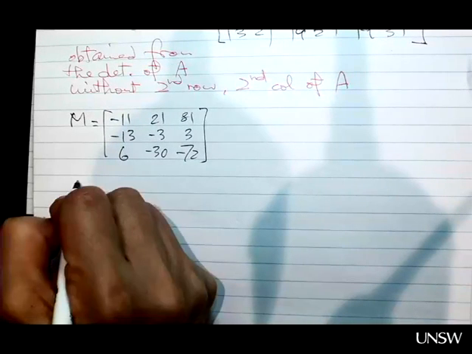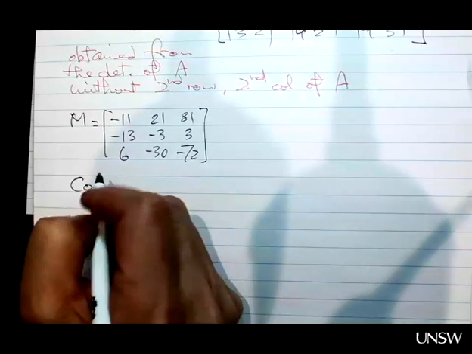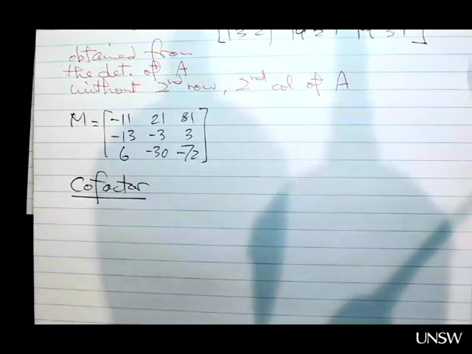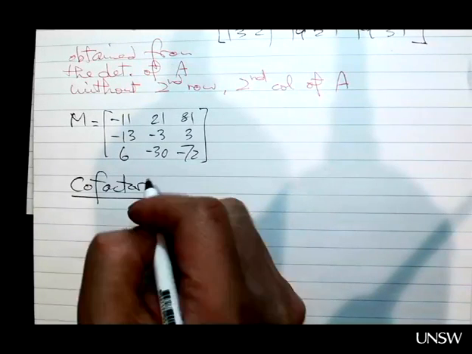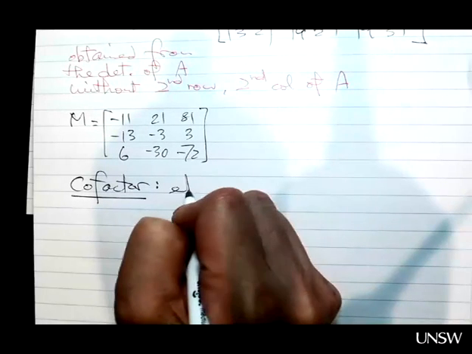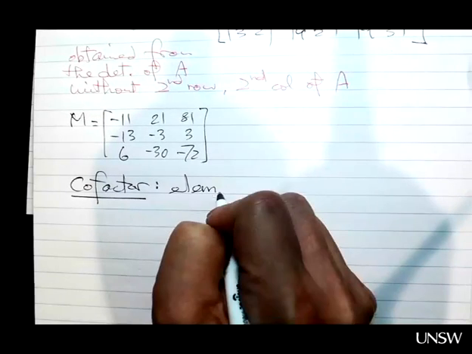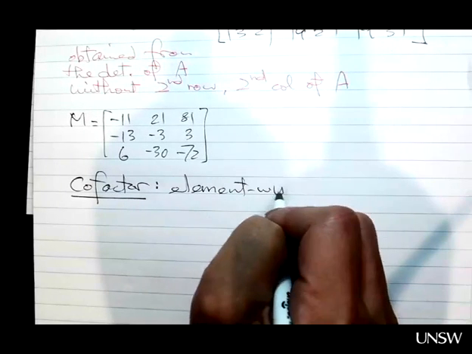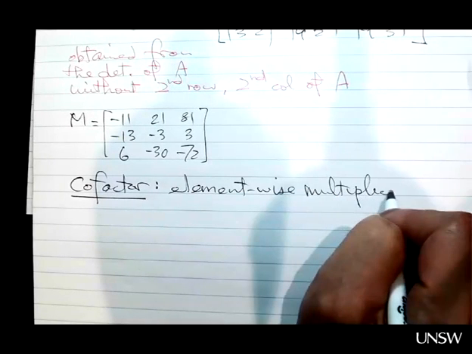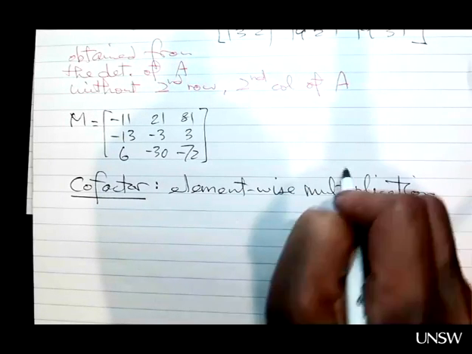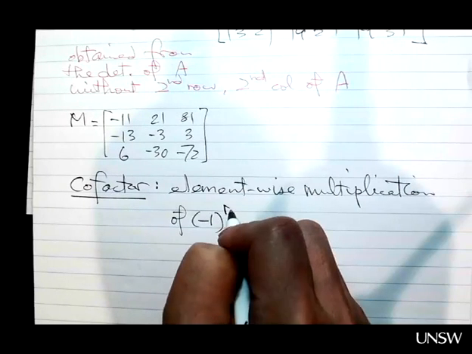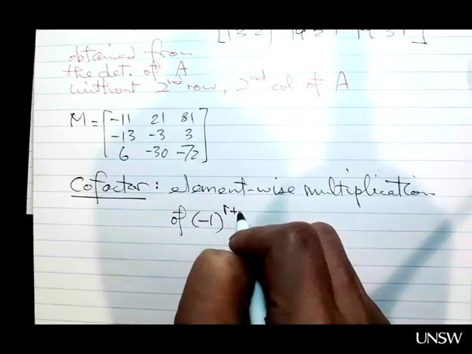And another definition is called cofactor. So it is element-wise multiplication of -1 to the power of the row index plus the column index.